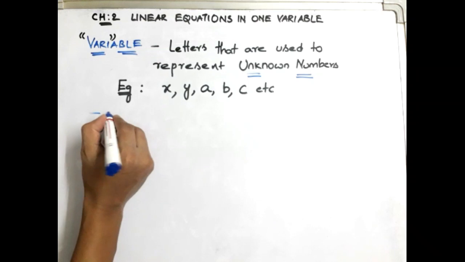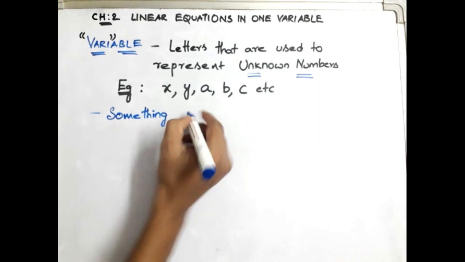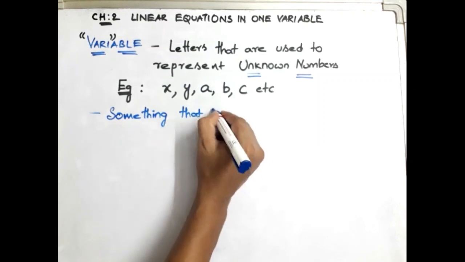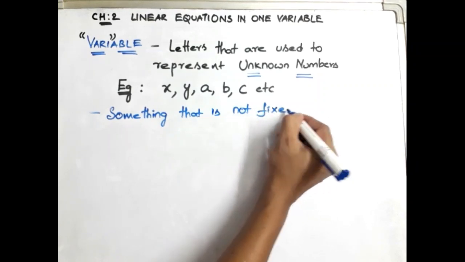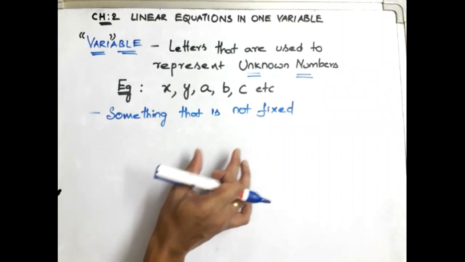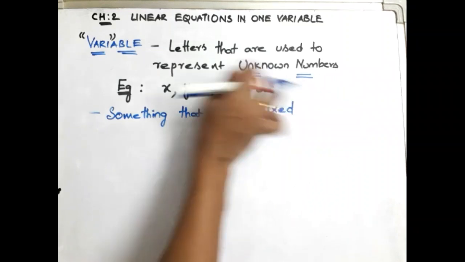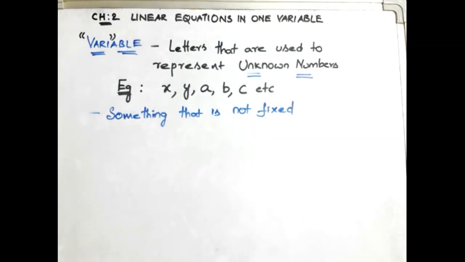So variable is something that is not fixed. Variables represent the things which are not fixed. Usually in our terms we will take numbers. Constant numbers are different. In order to represent the unknown numbers, we will use variables like X, Y, A, B, C up to Z.